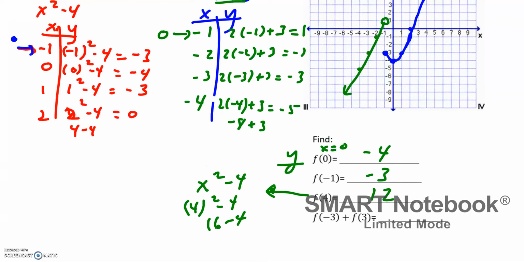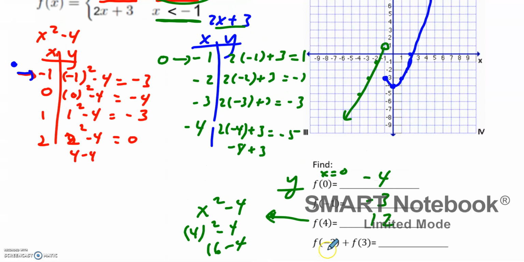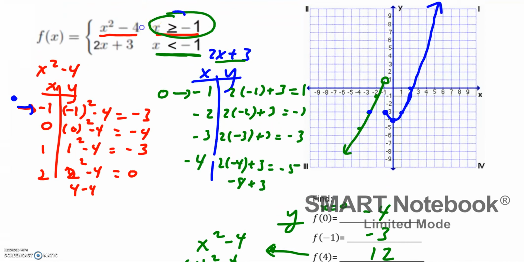And then last but not least, if I want to find f of -3 plus f of 3, if I look at my graph, f of -3 is also -3 because that's my y value, plus f of 3 is, well, again, I don't know exactly what it is, but I can find it. I know that 3, just like 4, is part of this interval because it's bigger than -1.